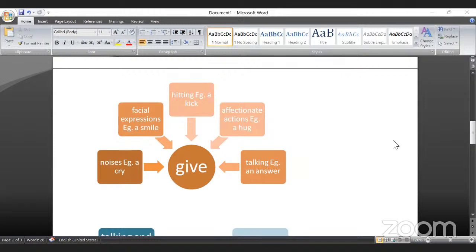When you use give as a delexicalized verb, you will mostly use it with nouns related to noises, facial expressions, hitting, affectionate actions, and talking. Only in these categories will you be using give as a delexicalized verb. It is possible to use give with other nouns, but in that case, give won't be delexicalized. It will also be contributing to the meaning. That is the difference.